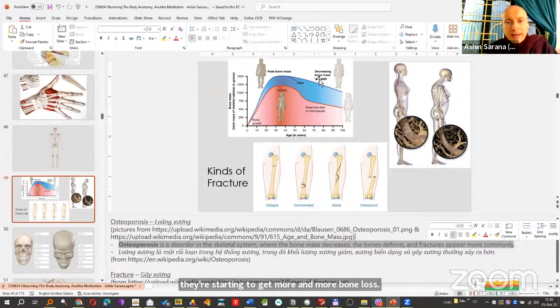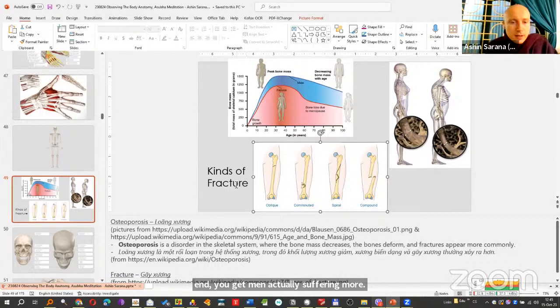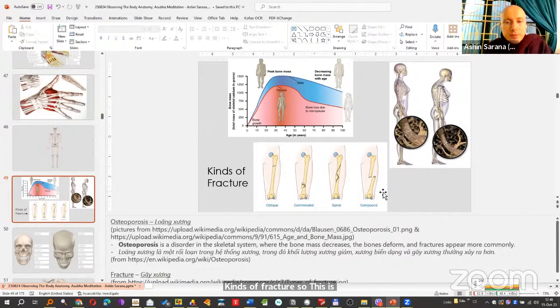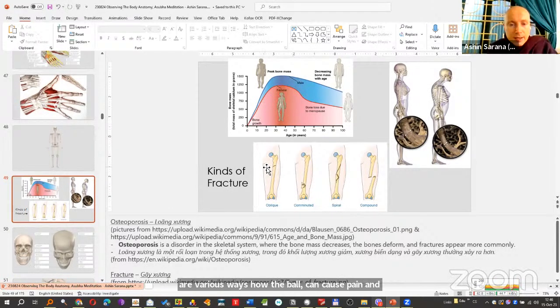But unlike the men, ladies are more careful. So in the end, you get men actually suffering more injuries than the ladies. Kinds of fracture. So this is just to show you that there are various ways how the bone can cause pain and troubles. So it can be broken in different places, various times, to different extents.